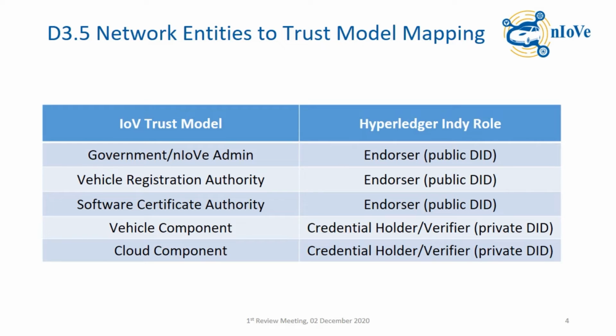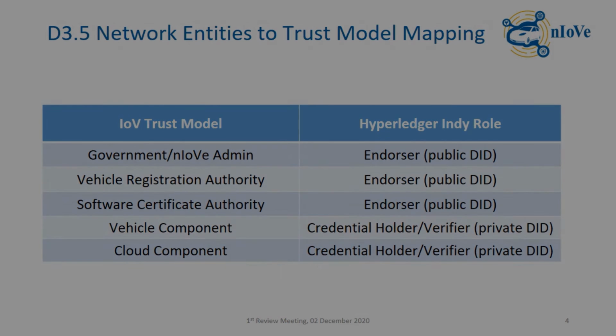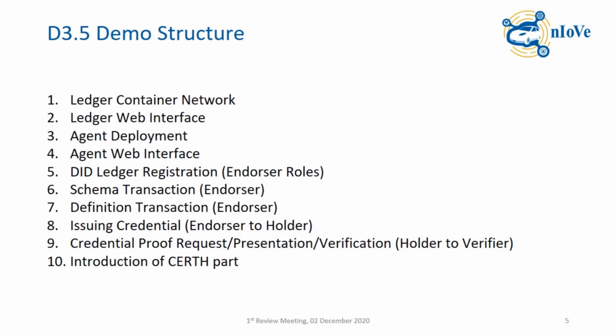Next, a vehicle and a cloud server act as mutual holders and verifiers. In a software update, the vehicle verifies whether the cloud server has a valid credential of the software certification authority. The cloud server verifies if the vehicle has a valid credential of the vehicle registration authority.